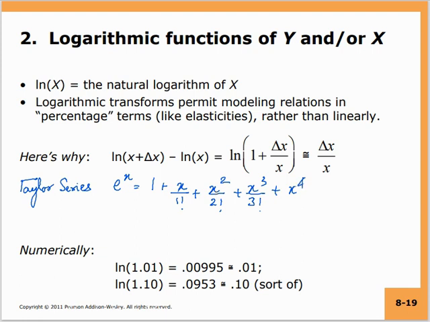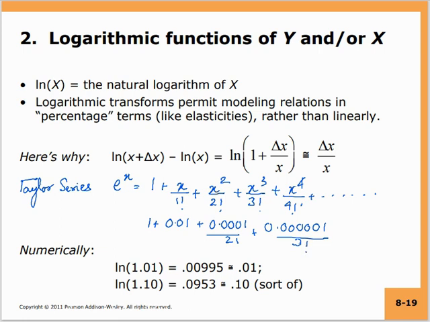Now for small x's, much smaller than 1, say 0.01, this becomes 1 plus 0.01 plus 0.0001 by 2 factorial plus 0.000001 by 3 factorial and so on.